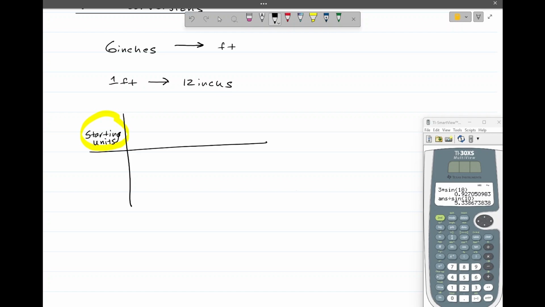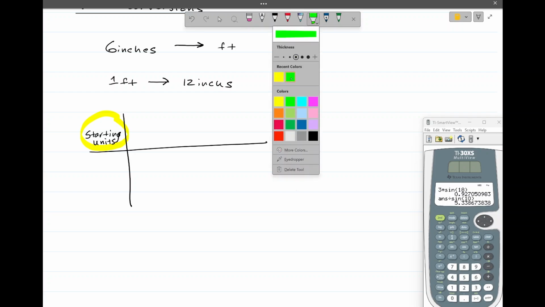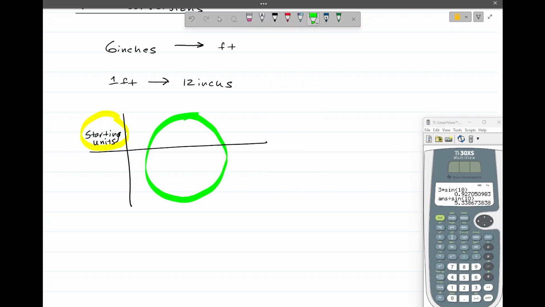Over here, in this part of the grid, this is going to be your conversion factor. Now, the nice thing about this method is if you set everything up right, you never have to worry about whether you did it right or not, and you'll get the right answer every time. So let's look at a couple of examples.